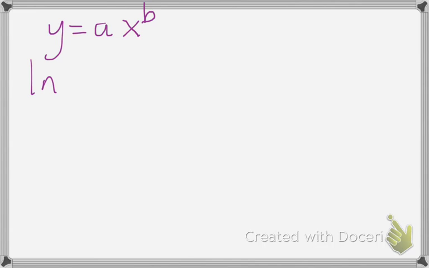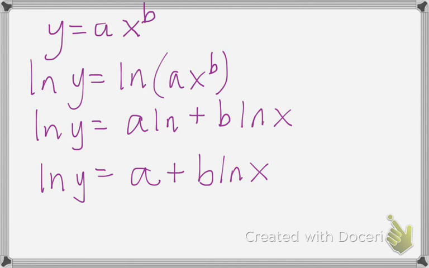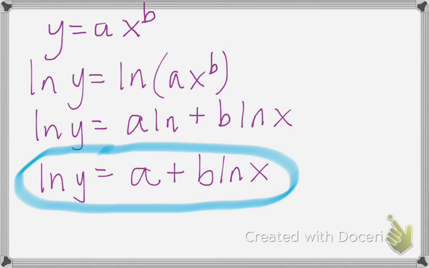Okay, so we log both sides. x raised to the b. There we go. Do some log properties next. And we get this equation, which is the linear model based on a power model.